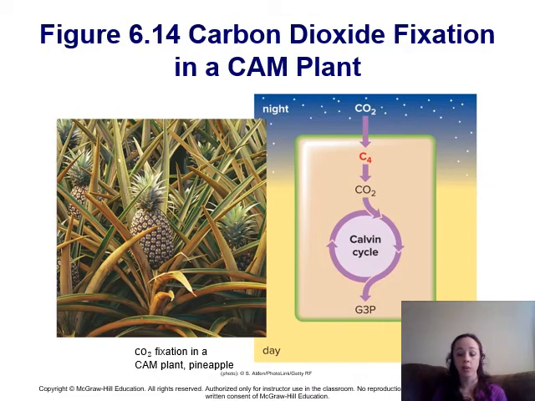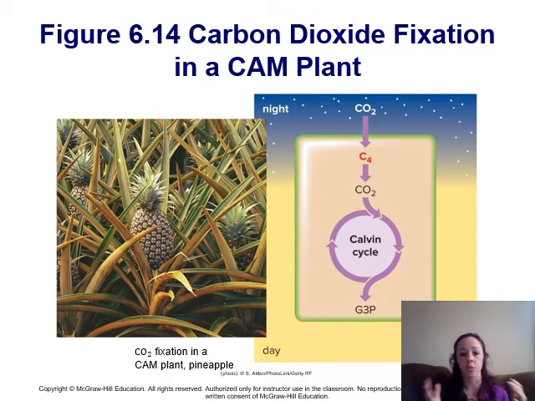So within CAM photosynthesis, the entire Calvin cycle will take place within one cell, just at different times of the day. Carbon fixation will happen at night so that the stomata can remain open, getting as much carbon dioxide from the atmosphere without the risk of losing too much water.